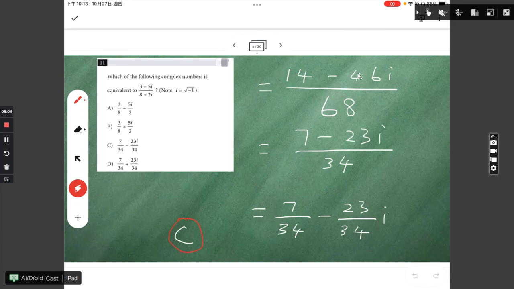So 14 becomes 7, 46 becomes 23, and 68 becomes 34. Then rewrite this: 7 divided by 34 is the real part of the complex number, and the imaginary part is negative 23 divided by 34. So which one of the choices is this? You see that choice C is correct.